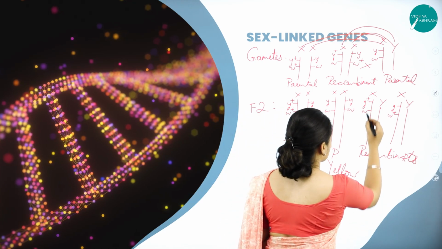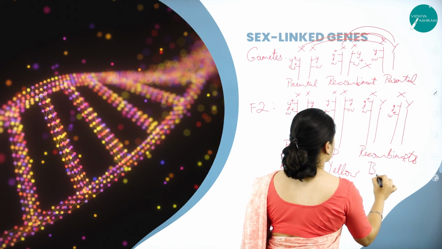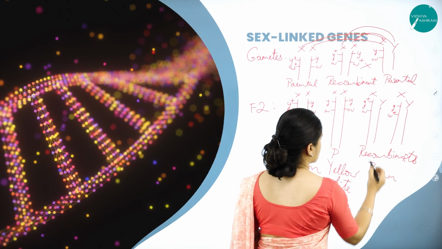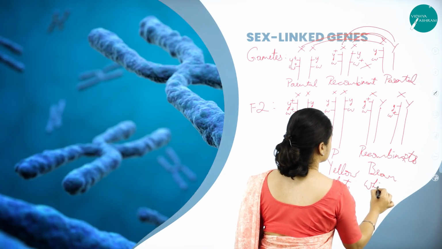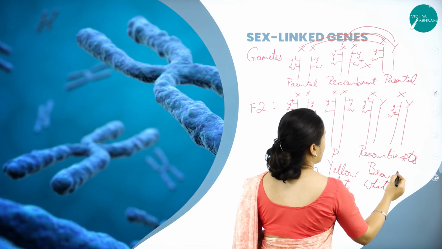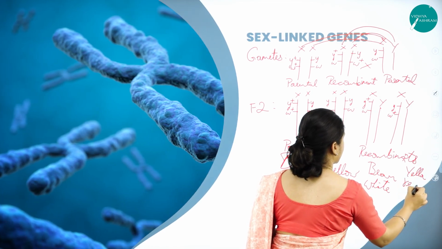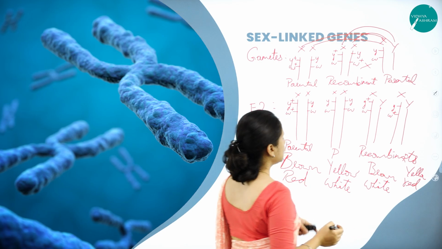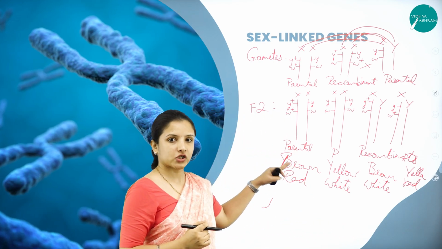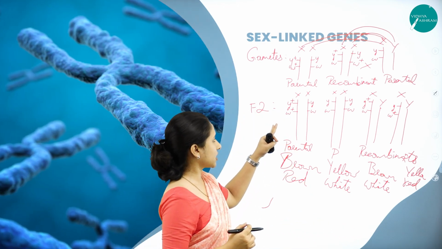There is brown body, white eye and yellow body, red eye. So these are the different progenies, how they will look in the F2 generation.